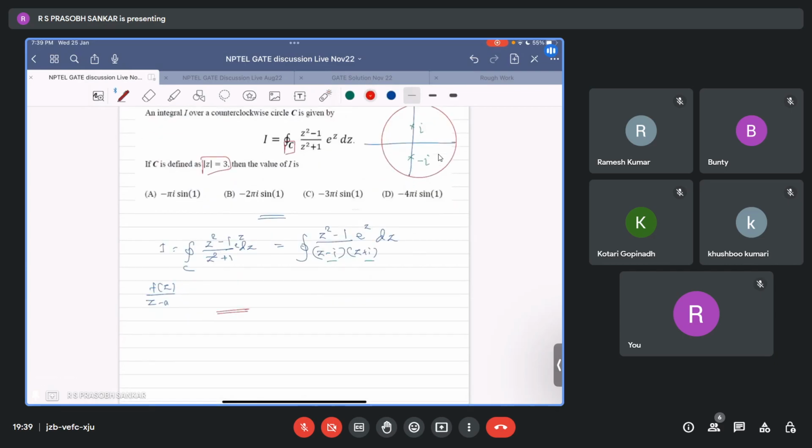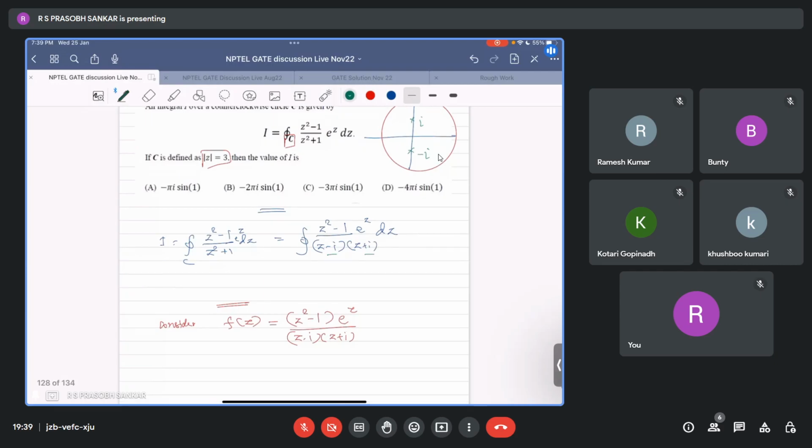The theorem needs the function to be analytic at all points except at the poles. So consider f of z to be my entire function, z square minus 1 e raised to z by z minus i, z plus i. Note that I'm not writing f of z by something, but I'm calling the entire thing f of z.